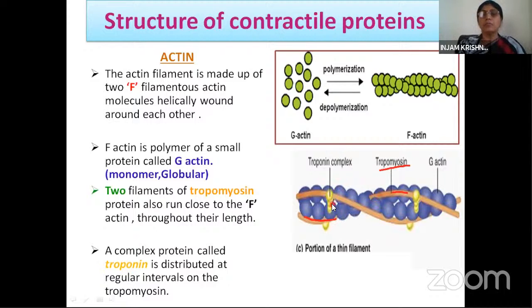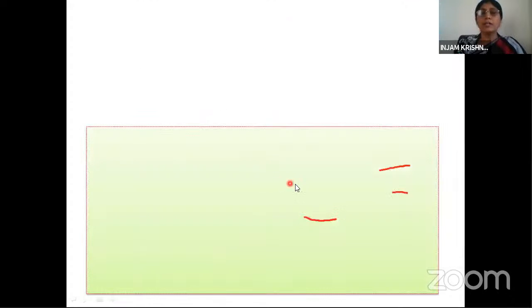It is a complex structure with some subunits, maybe two, three or four, that together form the complex. Which subunits are involved in it? Let us move to that concept.